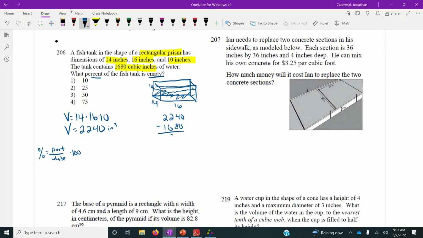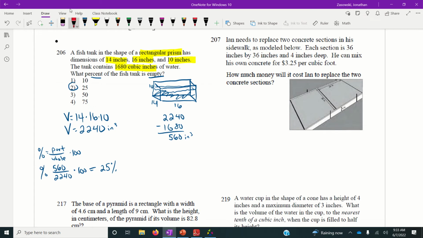This gives us 560 cubic inches. So for our percentage, we do the empty amount, which is 560, over the total amount it can hold, which is 2,240, and we multiply that times 100. We are going to get 25%. So that should be choice 2.